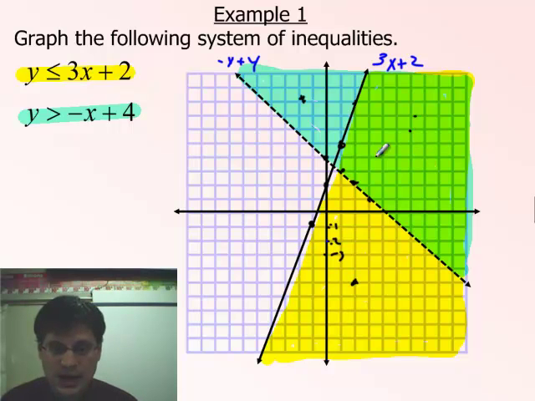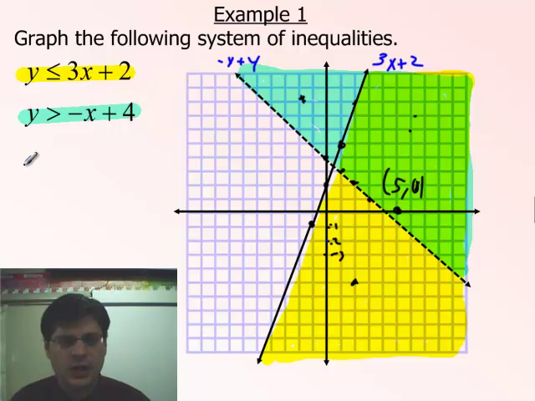We can test that by picking a point and seeing how it goes. I want something easy to work with, so I'm going to pick this point right on the x-axis. That's going to be 1, 2, 3, 4, 5, so the point (5, 0). Let's test this point.